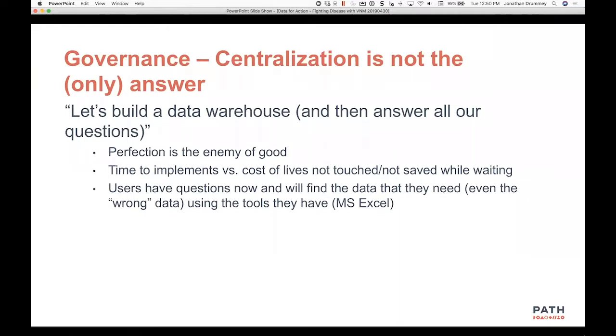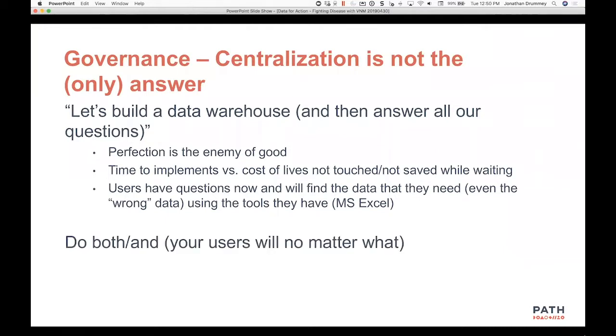They have jobs that they're trying to do. That district health information officer who takes responsibility for eliminating malaria in her district is going to go out and find data and work with what she can to do that. And that might be the wrong data. They're going to use the tools they have, like Microsoft Excel. So when we're thinking about governance and implementing systems, we've got to level up, to use a gaming term.